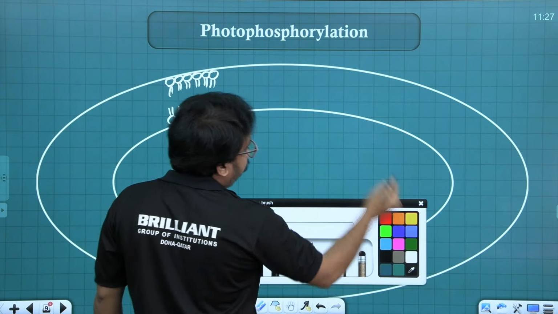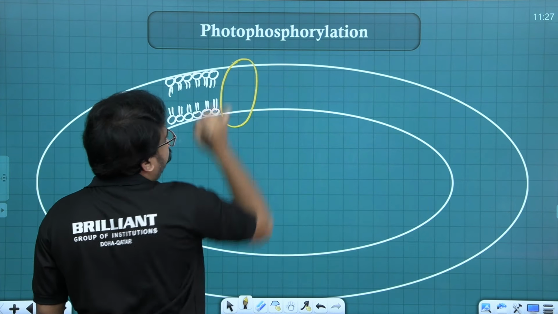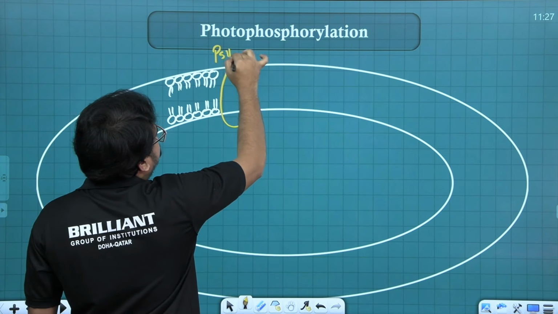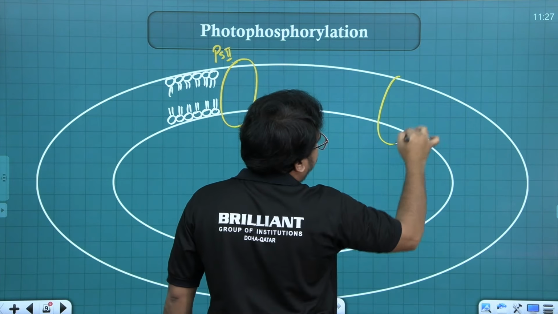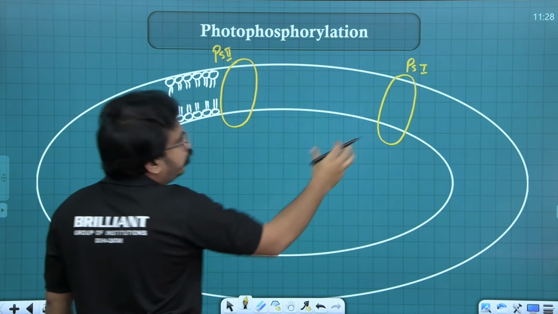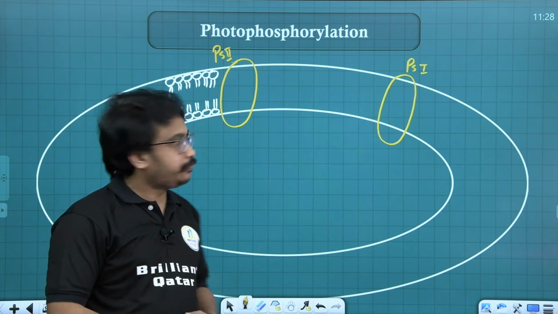So here there is photosystem 2. This is photosystem 2 and there is photosystem 1. So like that, I have drawn two photosystems that are going to perform the light reaction.